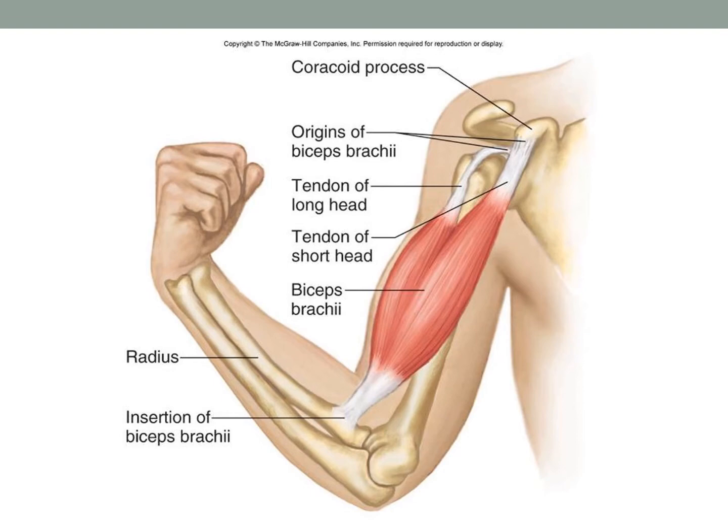The insertion is the tuberosity of radius and the fascia of forearm. Like I was saying, the short head is more medial to the long head.